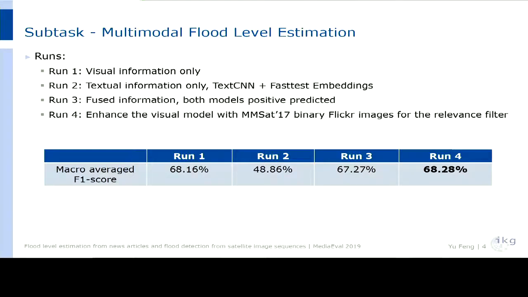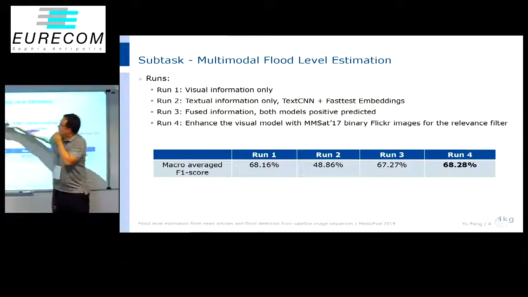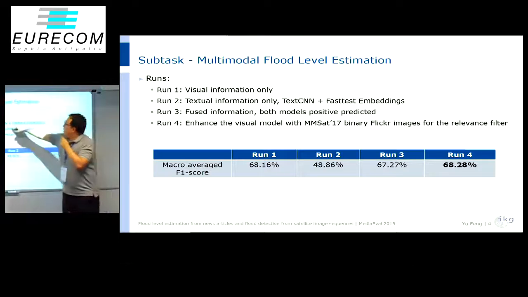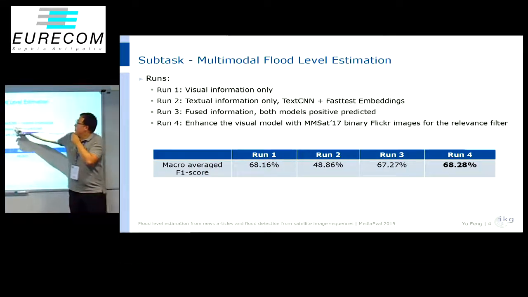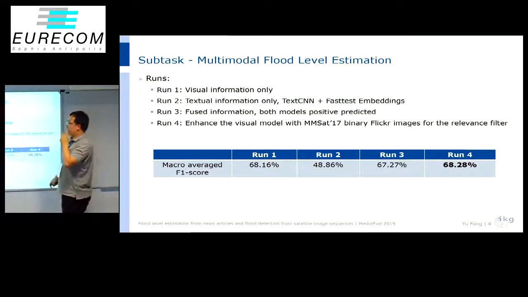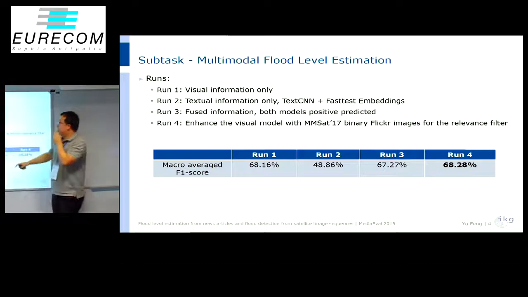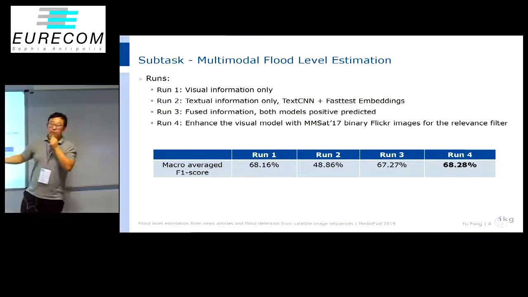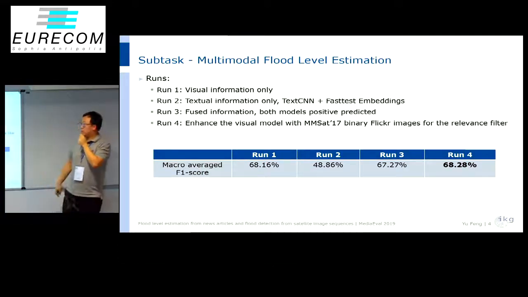We then created four rounds. The first is the visual information only. Secondly, we use the text information, with a text CNN combined with fastText word embeddings, and we use a very simple way to combine them: if both of them predict positive, the fused model says it is positive.